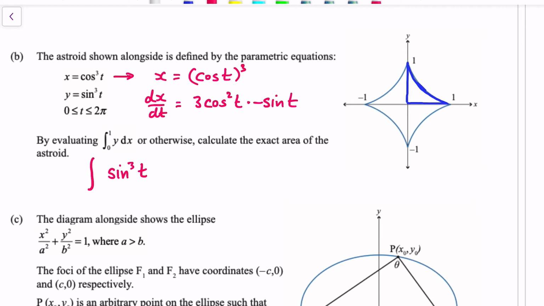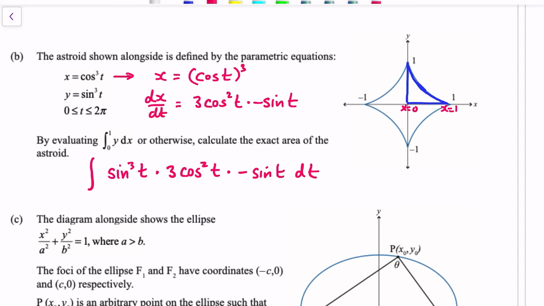So our dx bit that we replace is going to be 3 cos squared t times minus sine t dt. And the other thing we need to change is our limits, because this one here is x equals 0, the left boundary, and this one's x equals 1.